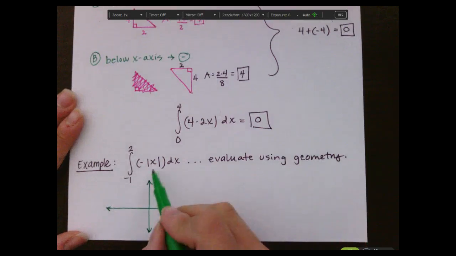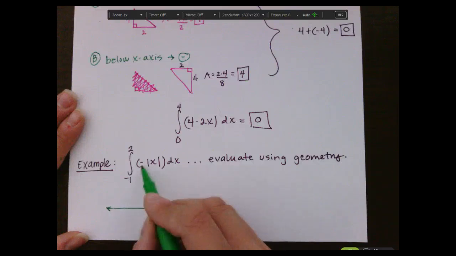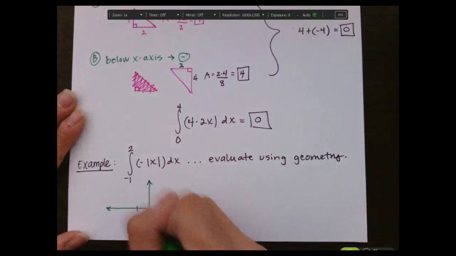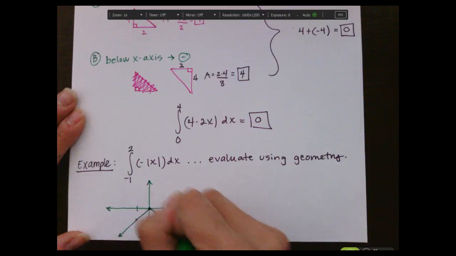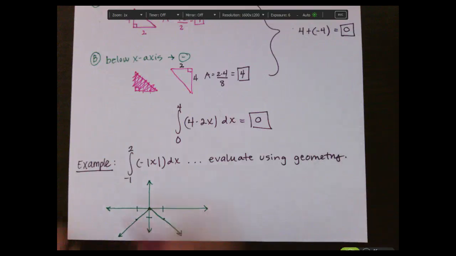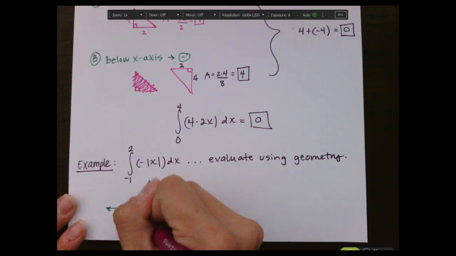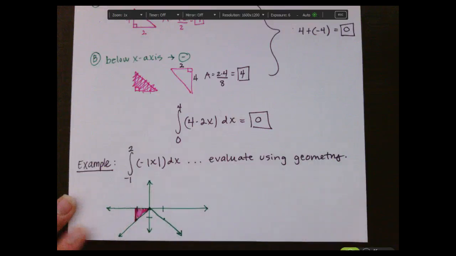Alright, so we have the absolute value of x, and that graph looks like this, except it's being flipped upside down. And so the graph would look like this. Let's bound it though correctly by the interval. So here's negative 1, which means it's going to be bounded on the left to create this region.